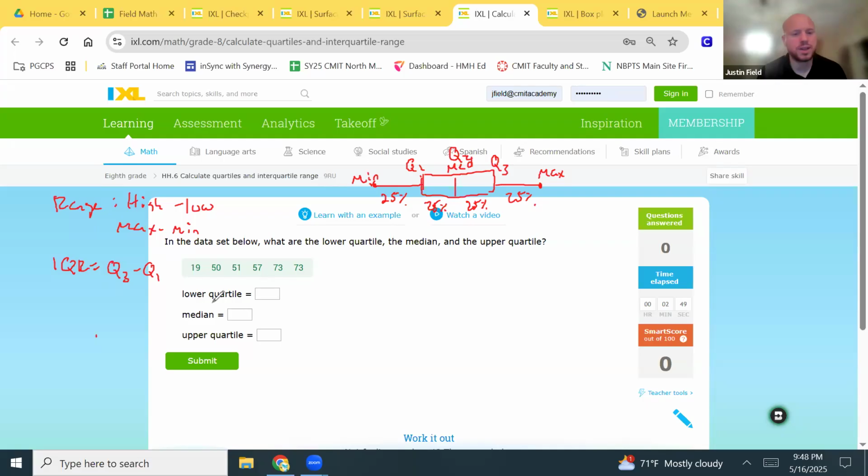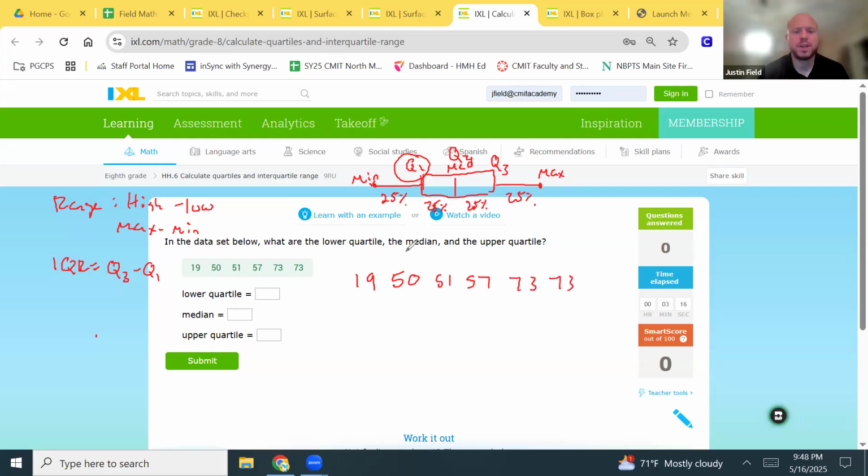So how do we get the lower quartile? Like I said, the lower quartile, Q1, is the lower median. So we're just going to find a bunch of medians. Do we have the data in order? We do. So the first thing is making sure the data is in order, and then we're going to find the medians.